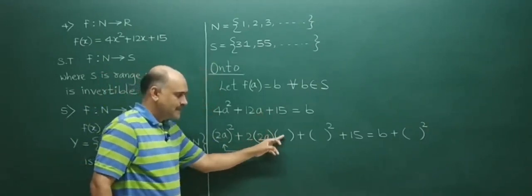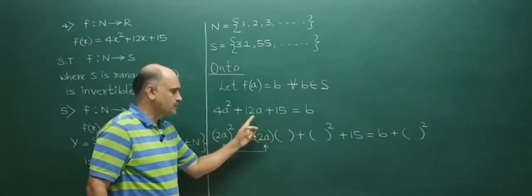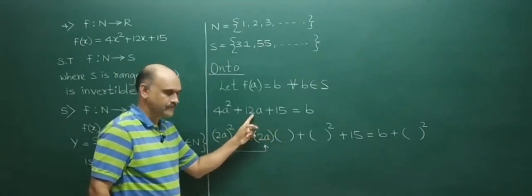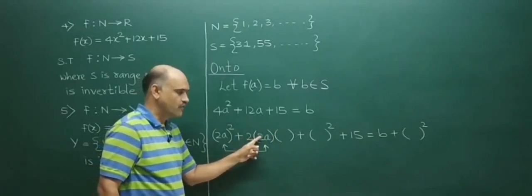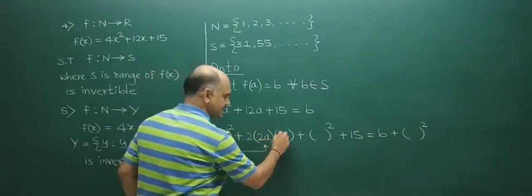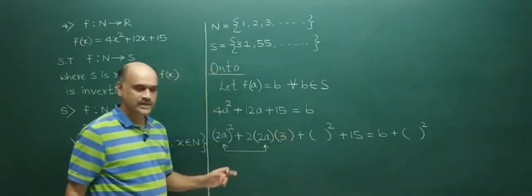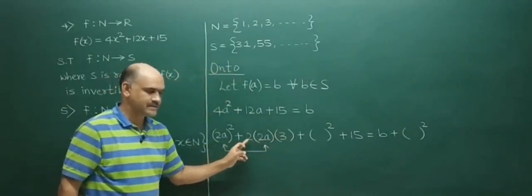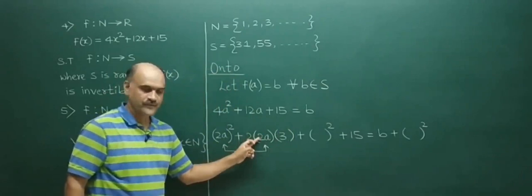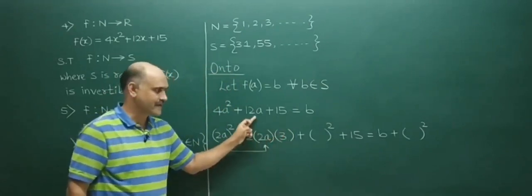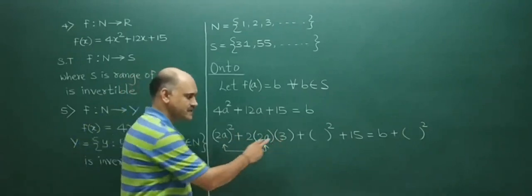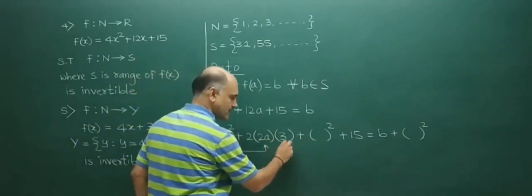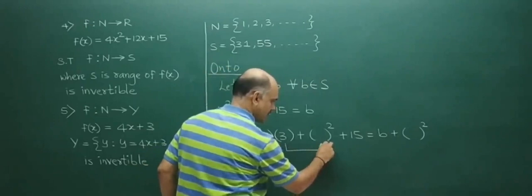Now if you multiply these three terms, you should get 12a. So 2 into 2 is 4, 4 into 3 is 12, which means here you will have 3. So if you multiply these, 4 3s are 12, 12a. So this is my b in (a plus b) whole square. So this term should come again over here.